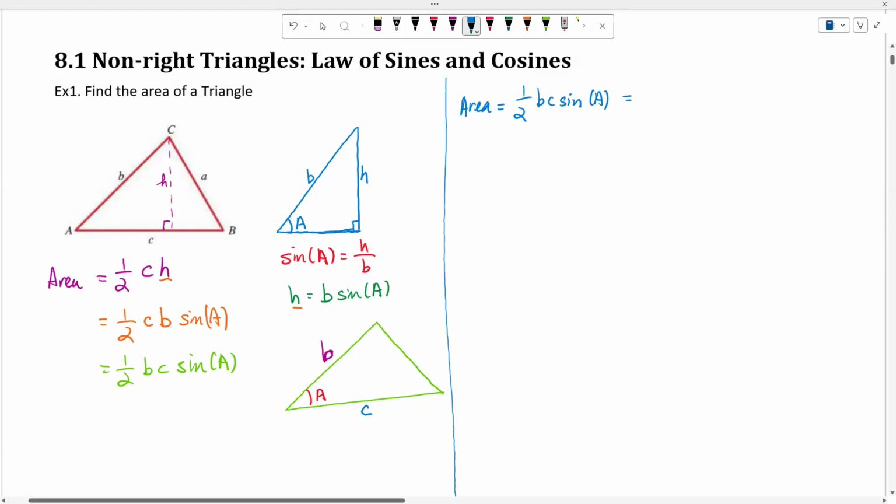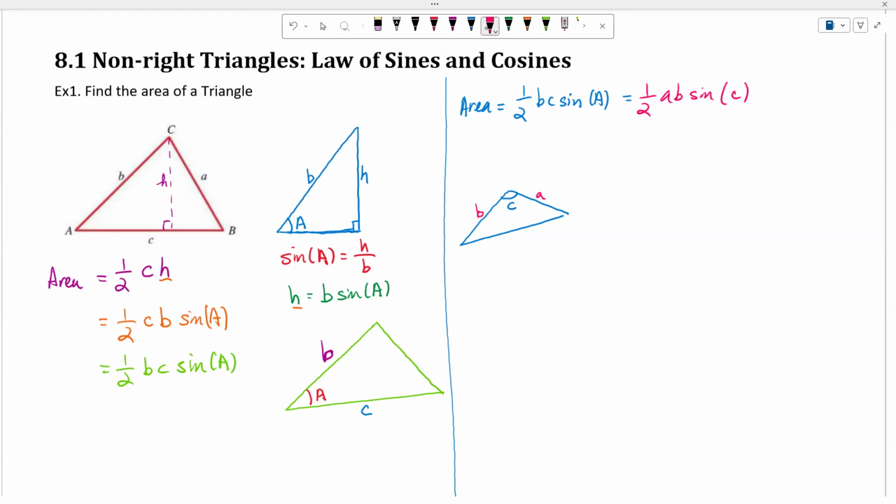Or, if I want to use the angle C to help me find the area of the triangle, then I could use the two adjacent sides, which are A and B. Then it is 1/2 A times B times sine of C. If I want to use the angle B to help me find the area, then the two adjacent sides will be A and C, so it will be equal to 1/2 A C sine of B.